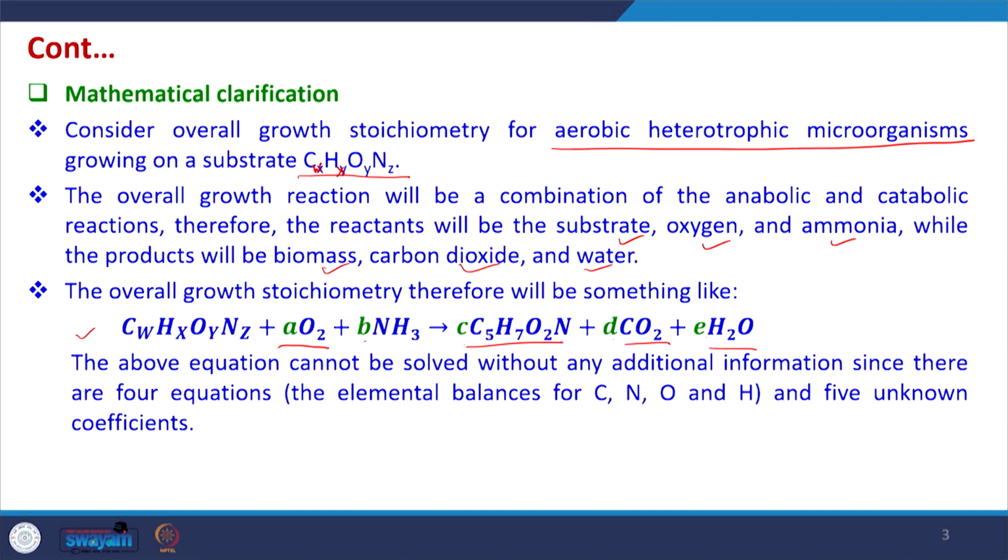We can write 4 equations, because the elements present in these reactions are carbon, nitrogen, oxygen and hydrogen. So, we can write 4 equations for 4 elements, but the unknowns are 5: a, b, c, d and e. So, mathematically it is not possible to determine the values of a, b, c, d and e.